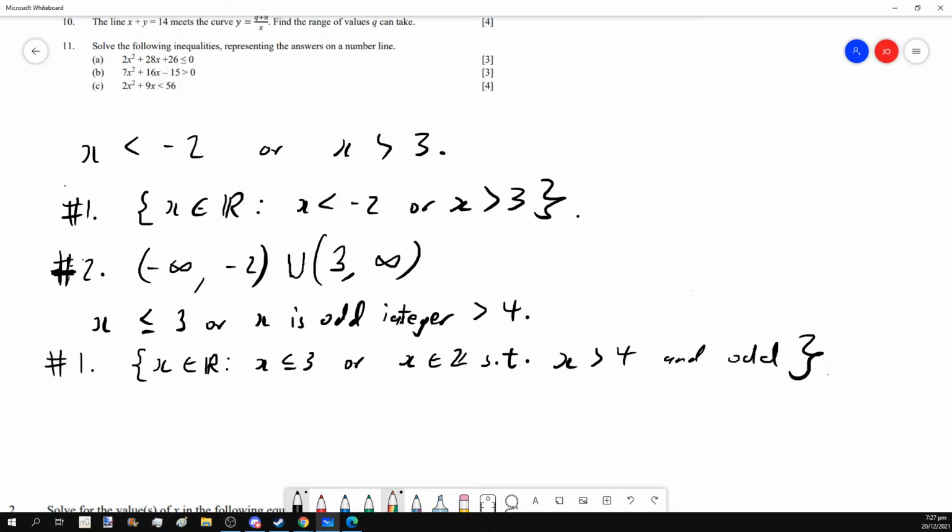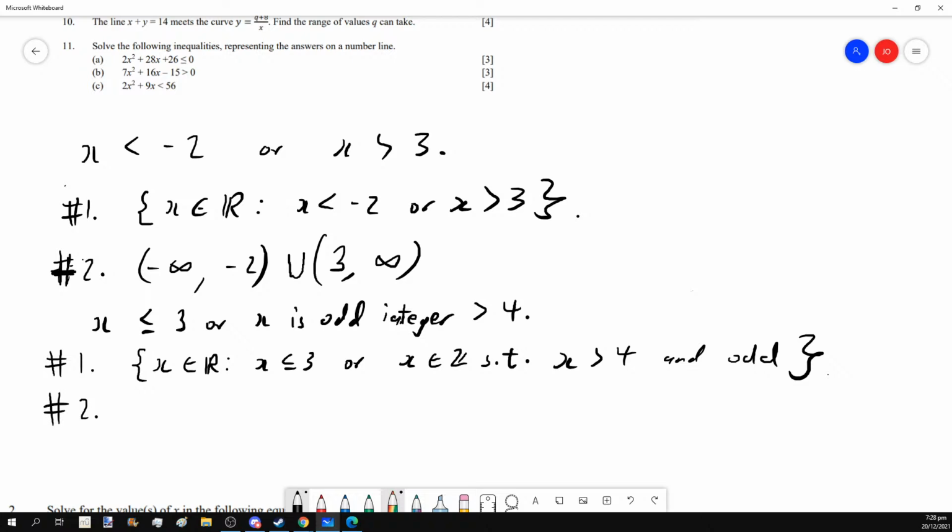For example, you can use normal English if you want, so this is perfectly fine as well. So if you want to rearrange it, for example, you want to say or x is an odd integer such that x is greater than 4, that's fine. The English is not so big of a deal.